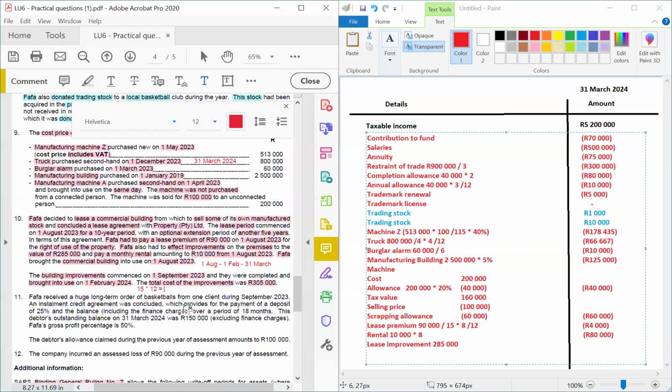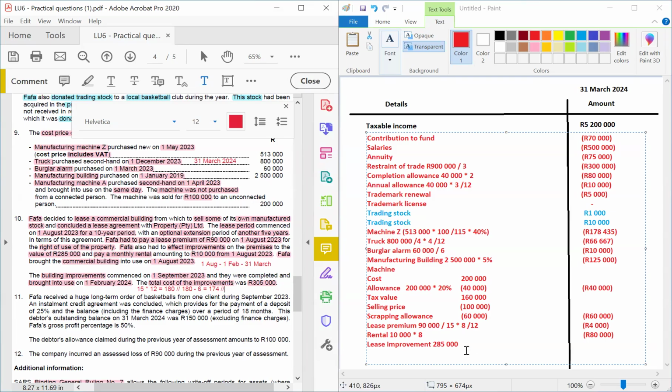So, 15 multiplied by 12, it gives me 180 months. So, out of these 180 months, 6 have passed from the 1st of August to the 1st of February. Now, this gives me 174 months that are left when the improvements are complete. So now I will take this 174 months is what I would be working with.